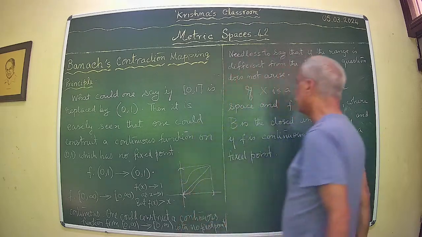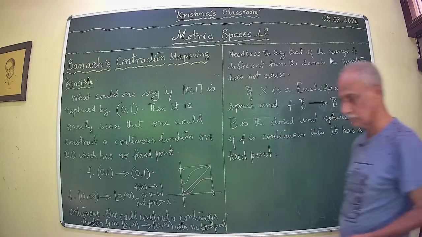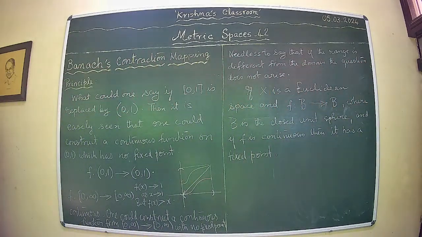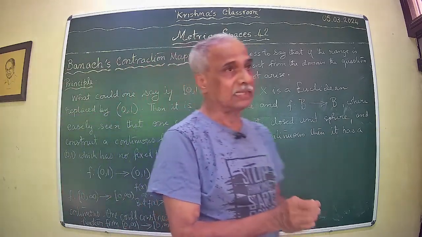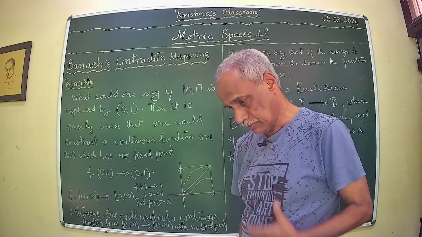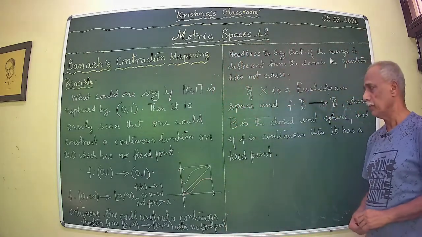So this is the generalization that you have. Now, one of the questions that we take up in this talk is, as we have seen from the example, that the fixed point may not be unique.